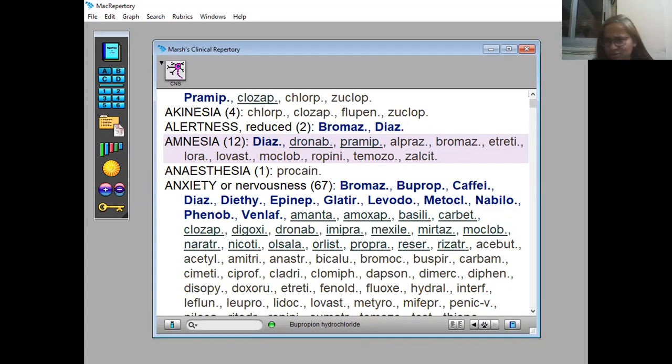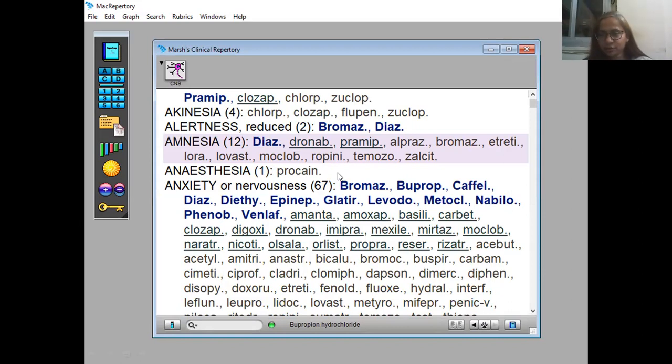Some old medicines also you will get, but most of them are either chemicals which are potentized, or hormones, or some new drugs. And most of the remedies are allopathic remedies which are homeopathically potentized and proved. Okay, so for example, if you look at this rubric in CNS, amnesia, he has listed remedies like diazepam, and other remedies.